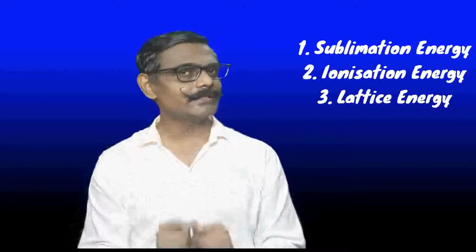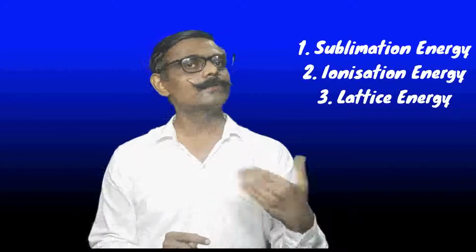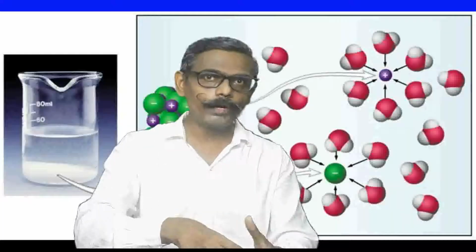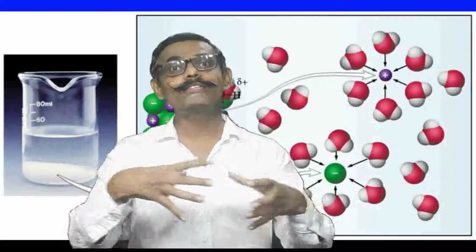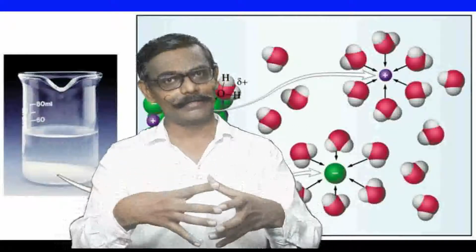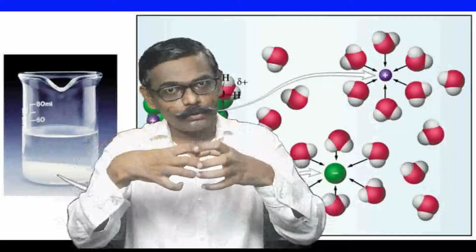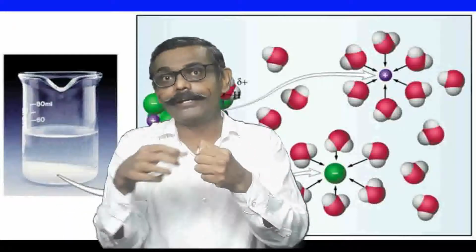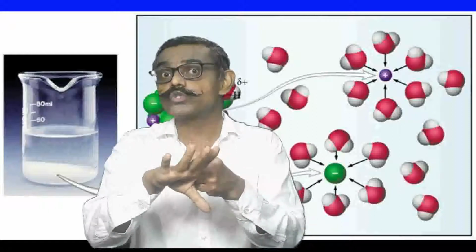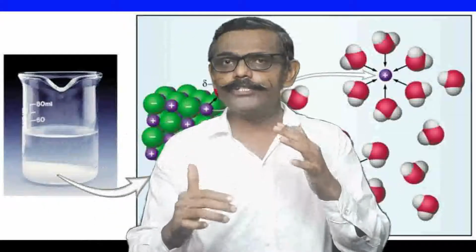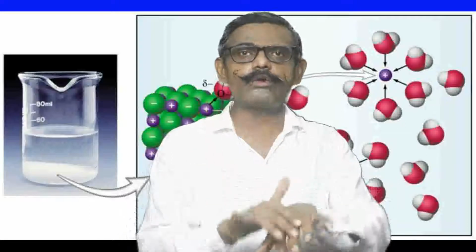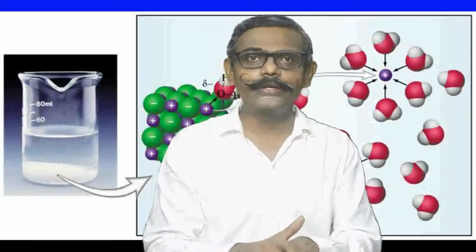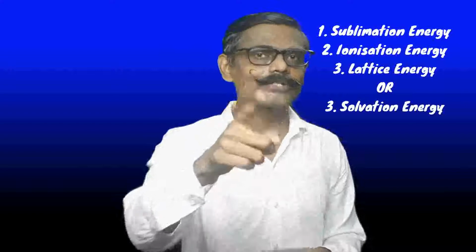So in the solid state, we consider lattice energy. Or if it is the solution state, as you put the ion in the solvent, solvent molecules will surround the ion. And when they surround, there will be attraction between the positive ion and the negative pole of the solvent molecule. Energy liberated due to surrounding by solvent molecules is called solvation energy.